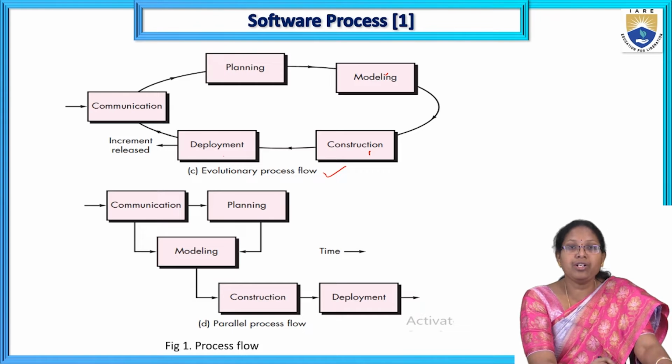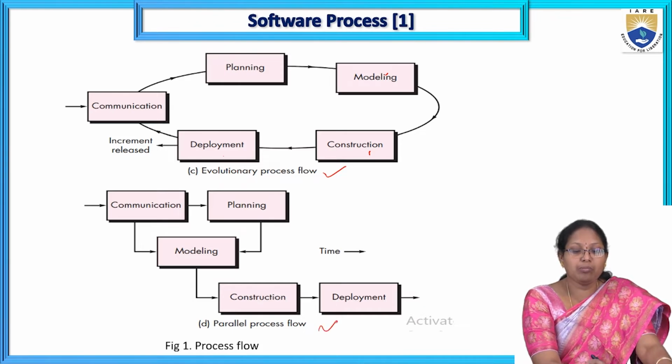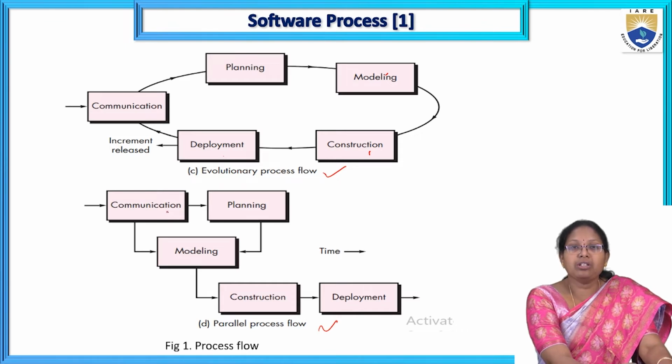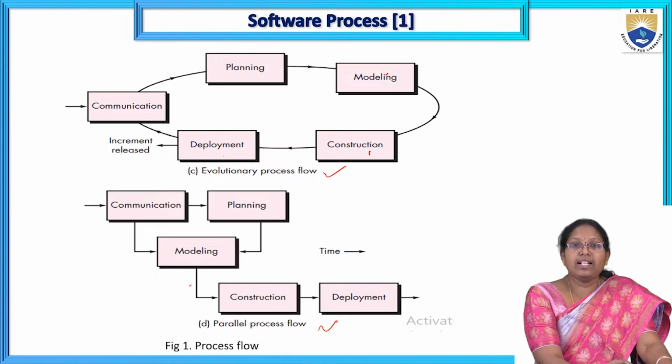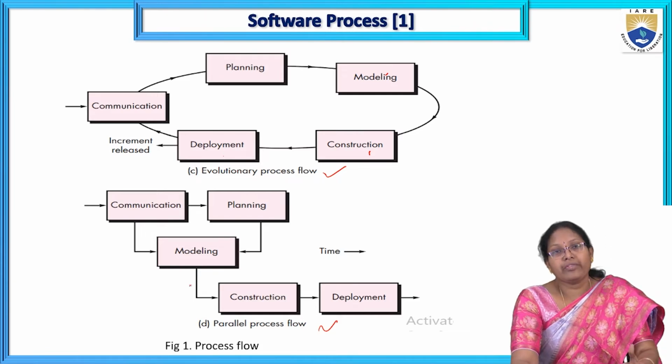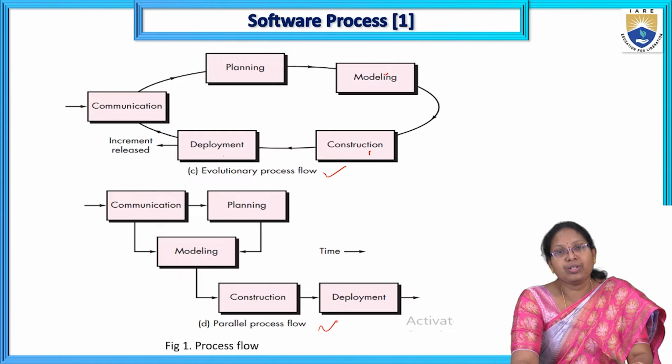The next kind of process flow is the parallel process flow. In the parallel process flow, first communication and planning are over, then modeling for some subsystems. For another part of the system, communication, planning, then modeling go in parallel. The total system can be divided into some subsystems.